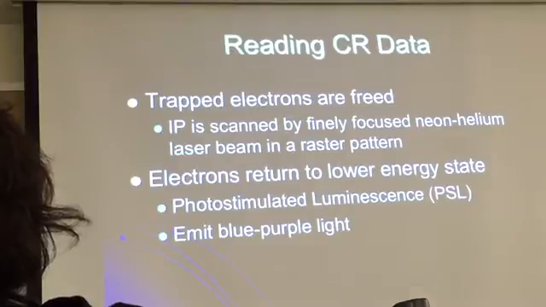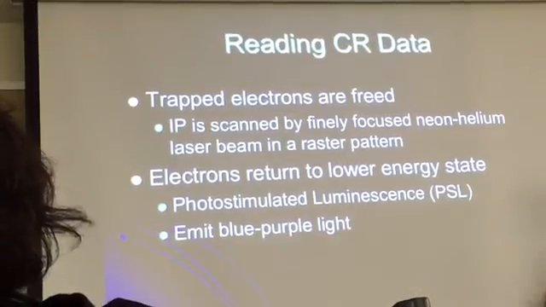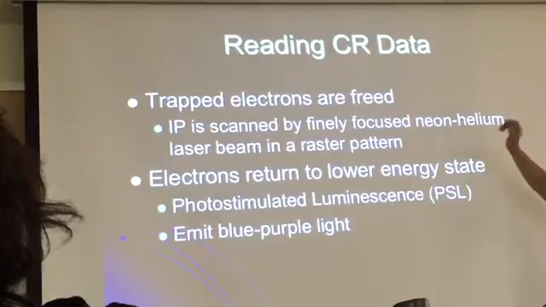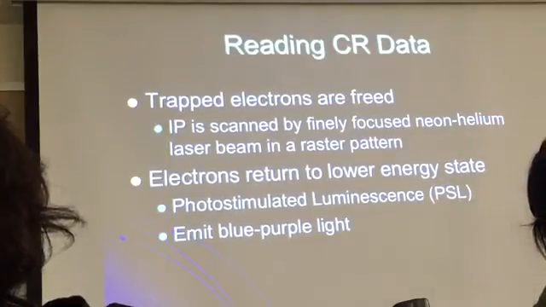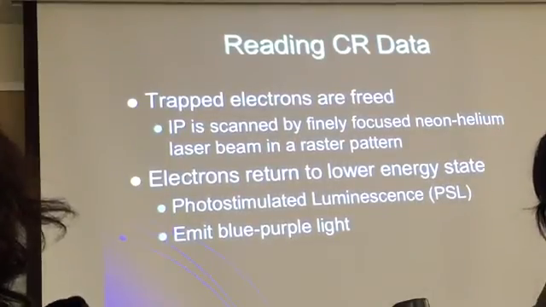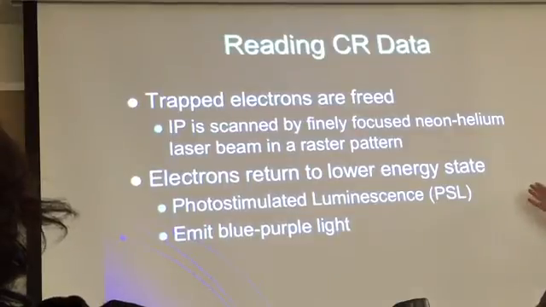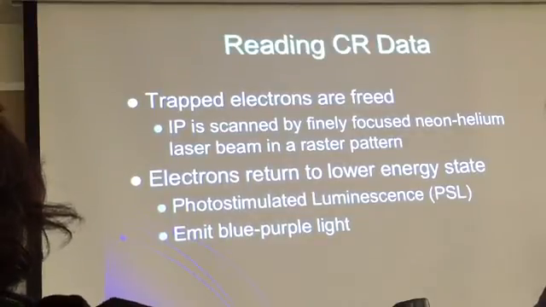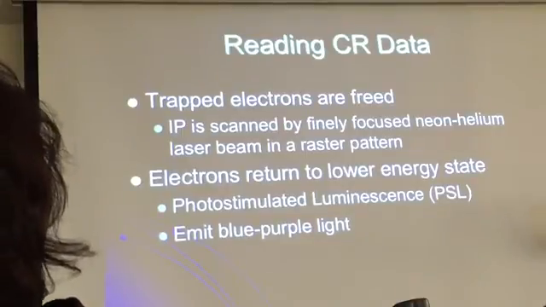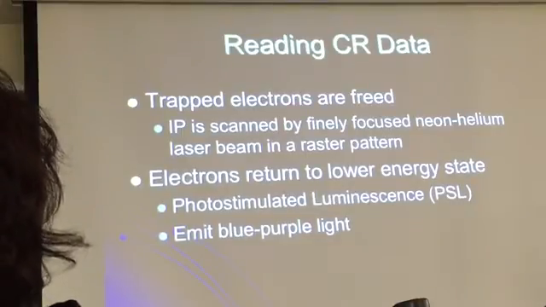You use a laser, and it has to be of this type, helium-neon. You can get lasers from different elements, but for our purposes, they emit the right wavelength, the right energy, for the electrons to jump back out.